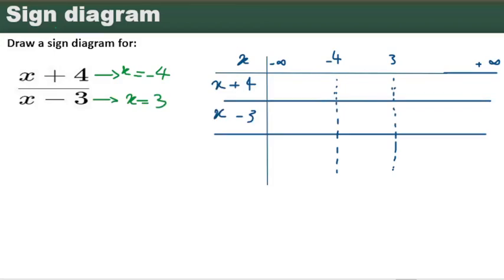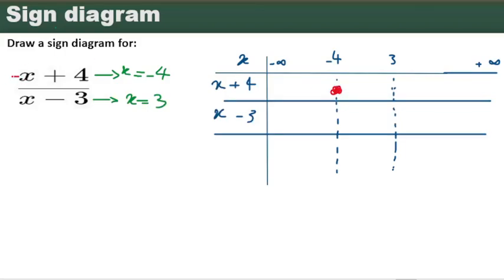Let me change my color to show it better. At x equals negative 4, I have 0. And for less than negative 4, less than my critical point, the sign is opposite the sign of x.